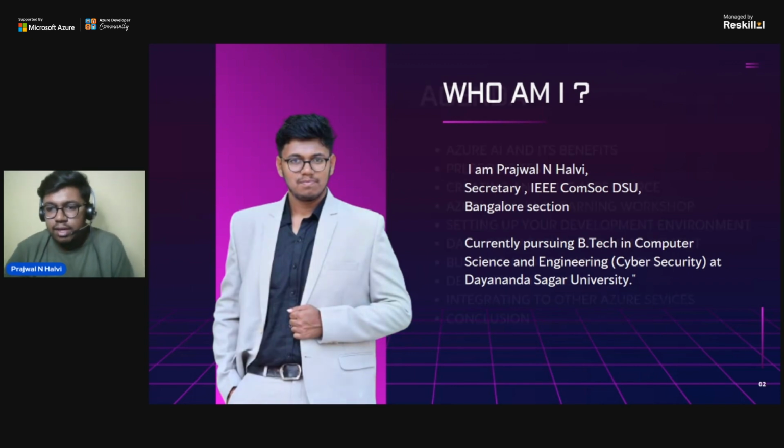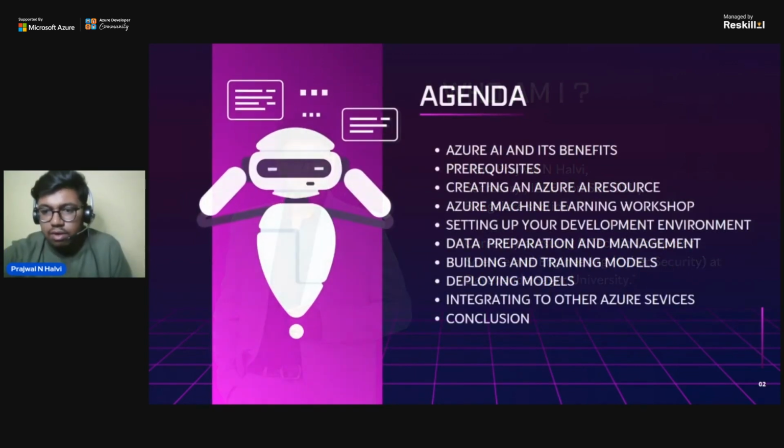So, let's take a quick look at what we are going to cover today. First, we'll be talking about what is Azure AI, and then the benefits of Azure AI. Then the prerequisites which we will need to set up the Azure AI environment, and then we'll start creating our Azure AI resources.